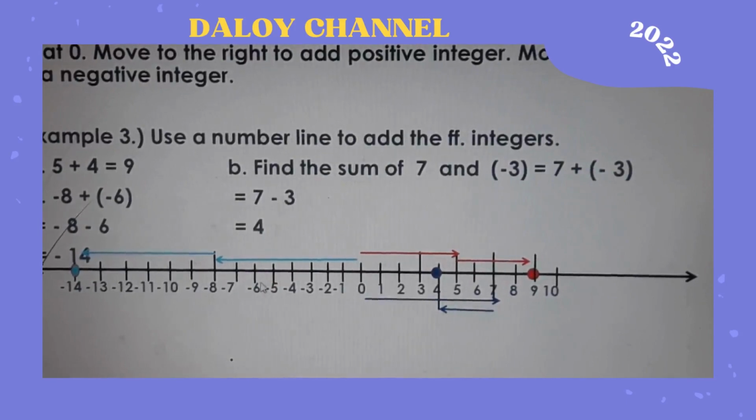So in that case, we calibrate negative 8 from 0. It is up to this point. We have negative 8. Then we add to the left again by 6 units. So it ends up at negative 14. Again, the number line shows the addition of two integers.